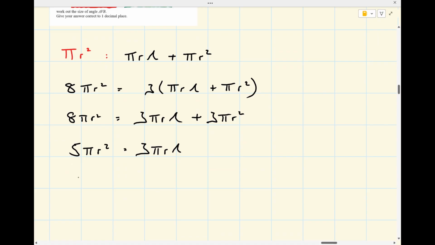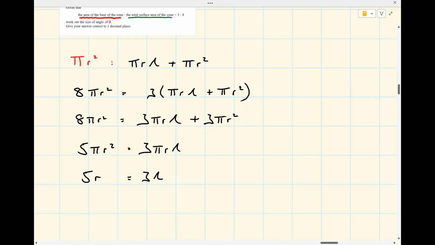So I have 5r equals 3l. Oh, well, now I know that the slopey length there, the L, is 5/3 times the radius.